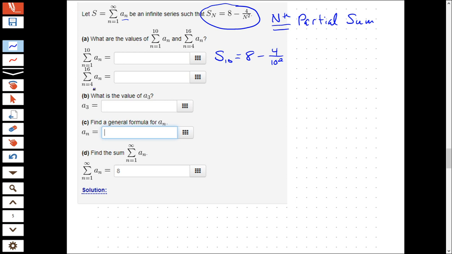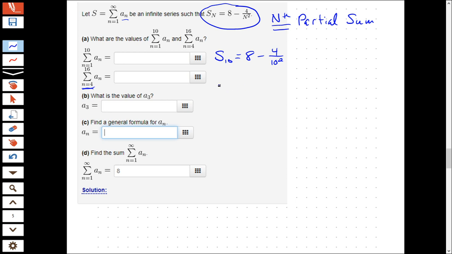Now, in the next question, it's asking for going from 4 to 16. So it's not really the 16th partial sum, because the 16th partial sum would be if we started at 1, and we don't want to include those first 3 terms.